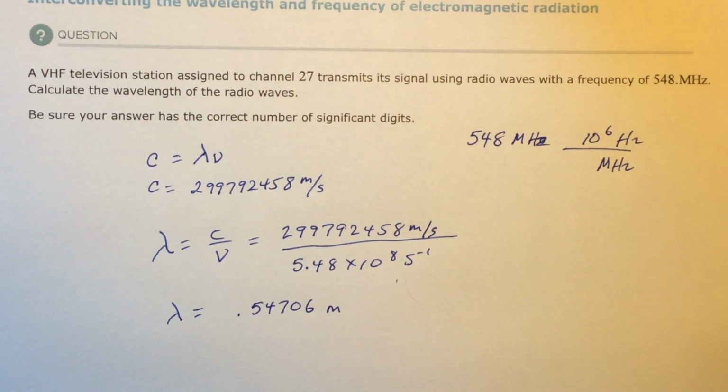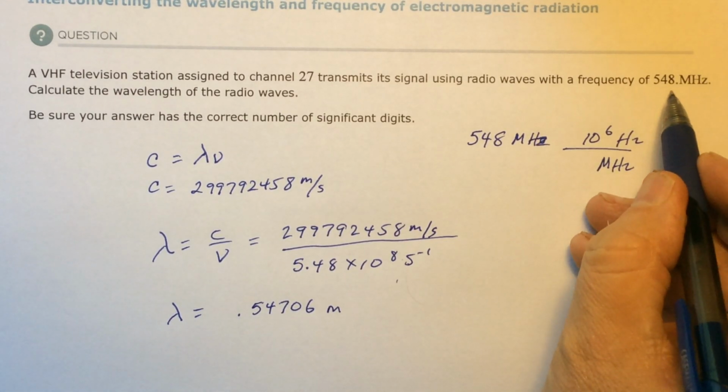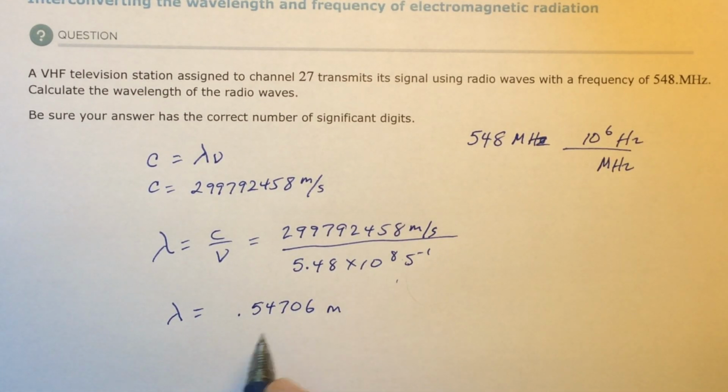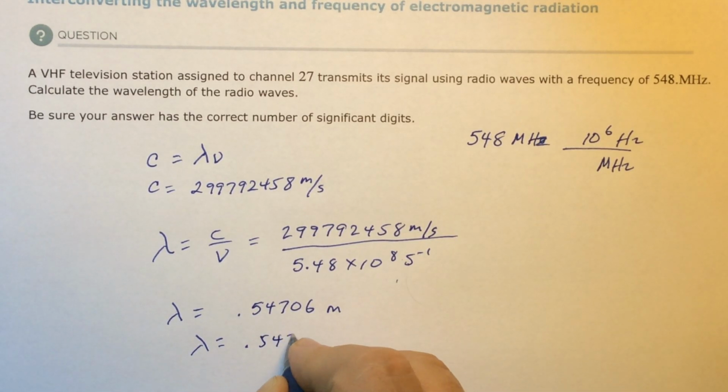Now I need significant figures. I've got 3 here, so I need 3. So it's going to be 0.547 meters. Okay, let me do it one more time: 2.99792458 times 10 to the 8 divided by 5.48 times 10 to the 8. Okay, 0.547.